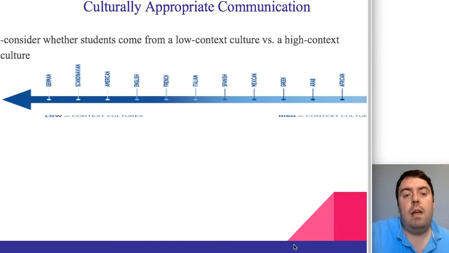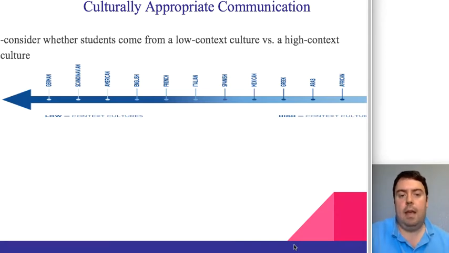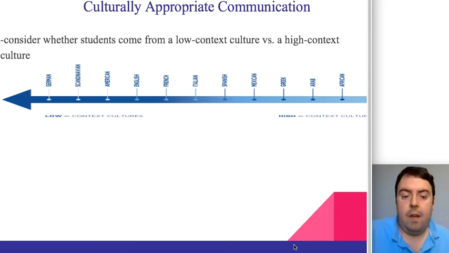And so as we shift in this spectrum, you see that, for example, Southern European cultures like Italy and Spain, but also the Central American and Latin American cultures, as well as Africa and the Middle East, and South Asia and East Asia.